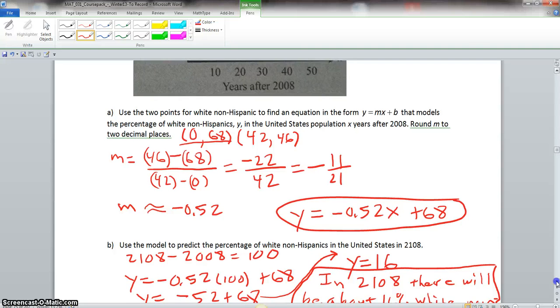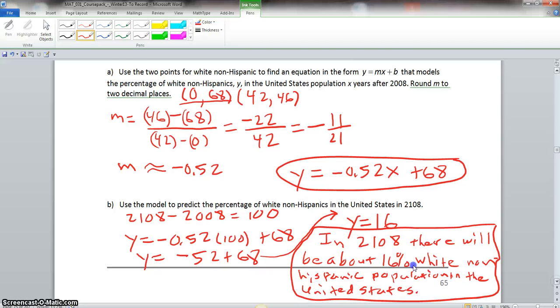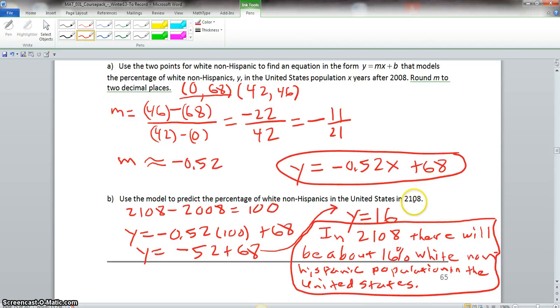It says, use the model to predict the percentage of white non-Hispanics in the United States in 2108. So we would take 2108 minus 2008, because remember, this is done by the years after 2008. 2108 minus 2008 is 100. So we would take this formula here and substitute in 100 for x.